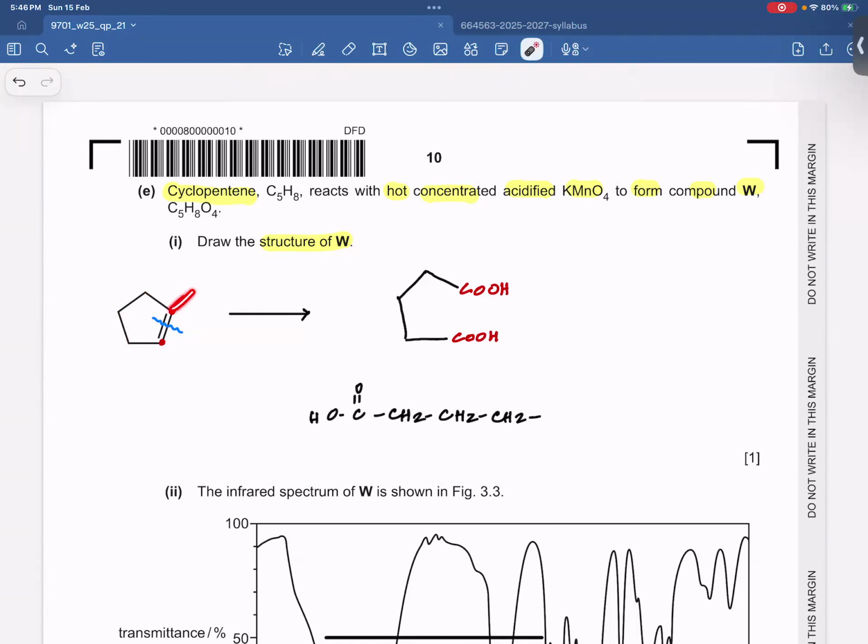And this CH will turn to COOH. You can write the answer in that way also. So both are acceptable, both of them are right. It doesn't make any difference between these two structures.